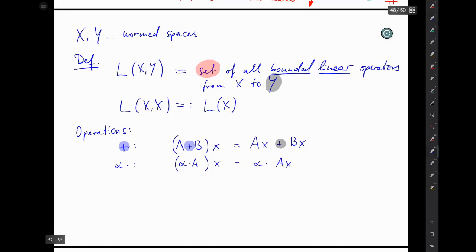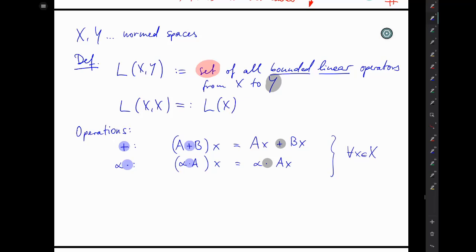And now again, the new operation alpha times is to be seen here, whereas this one is just the alpha times in your space Y. Needless to say that all of these shall hold for all little x's from X. We will see that indeed these new operators A plus B and alpha times A are again elements of L(X,Y), which means again bounded linear operators.